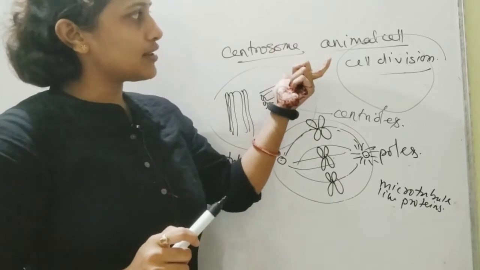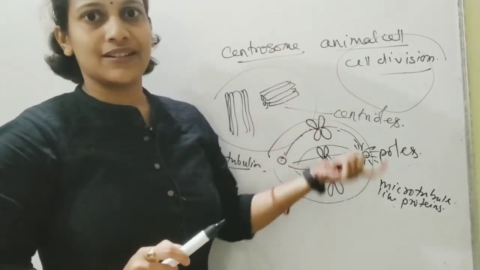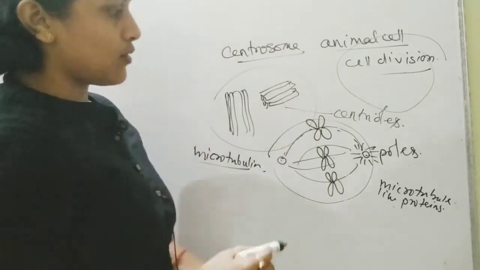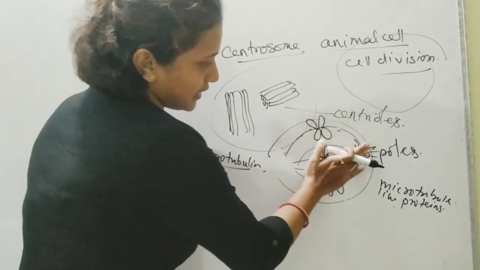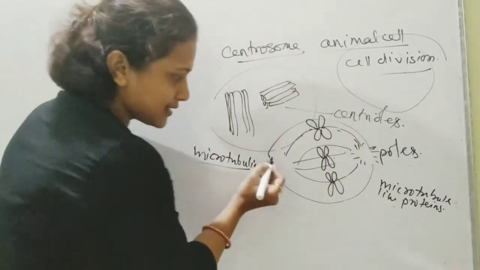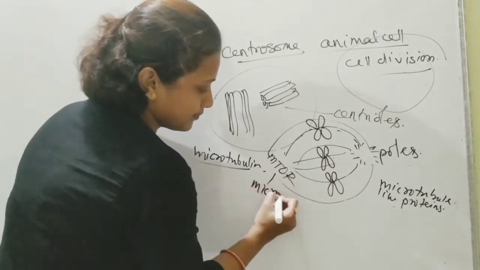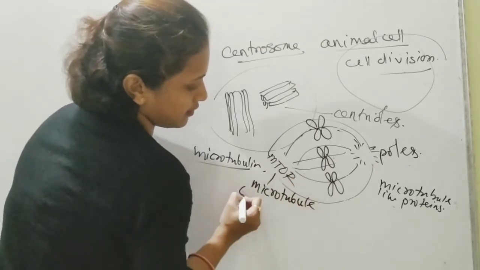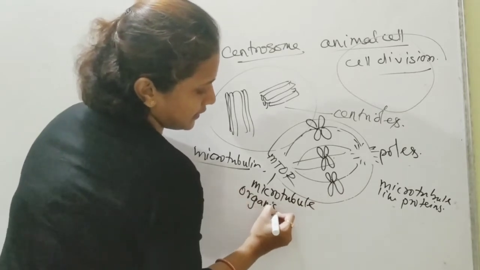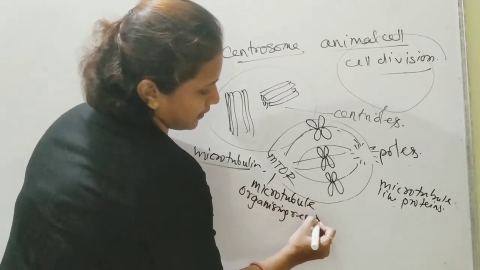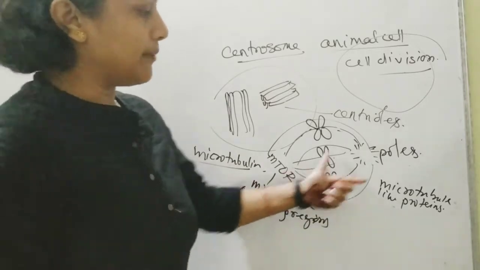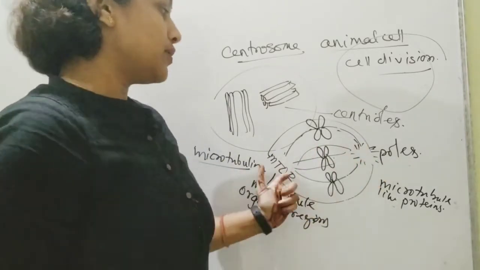If centrioles are not there in the plant cell, then how is cell division possible? In that case, no centrioles are there, these are just empty spaces, and this is actually the MTOC, that is the microtubule organizing regions. These form the poles.